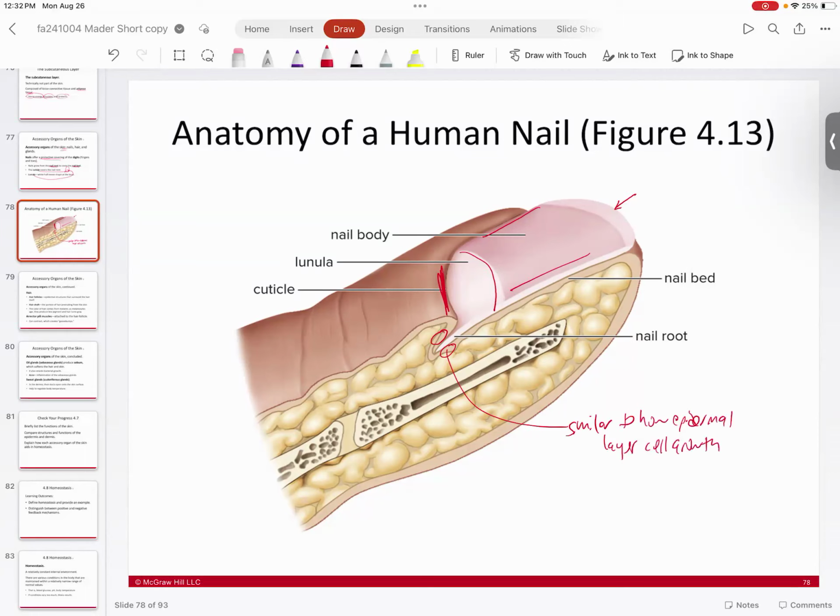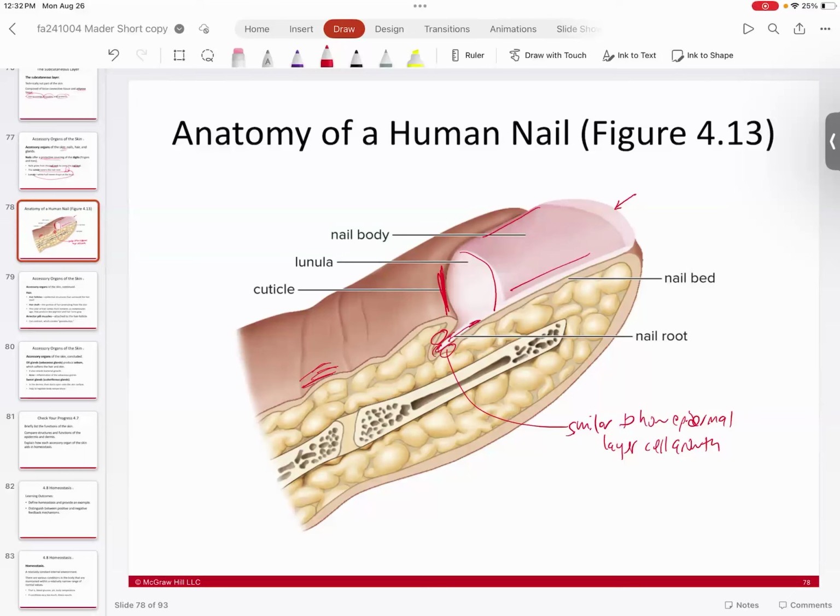So in this case, instead of just creating these sort of keratin-filled skin cells, what it does is it basically almost creates pure keratin, and that becomes this hard shell. And then that starts to grow outward as it's being replaced.